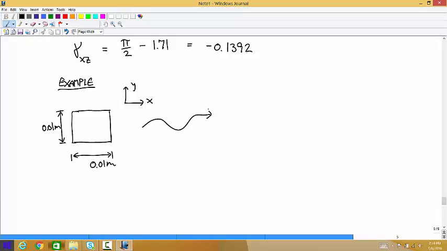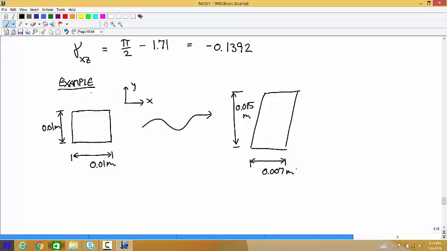And after deformation, we have a distance here of 0.015 meters, a distance here of 0.007 meters, and an angle here of 1.3 radians.